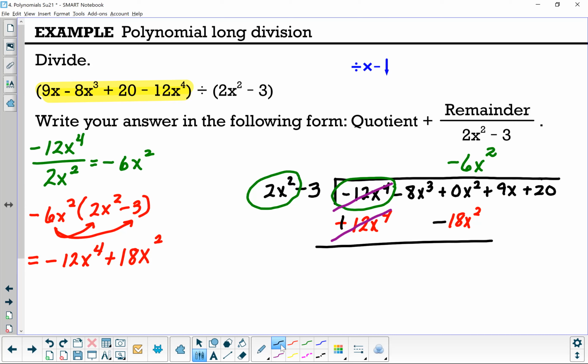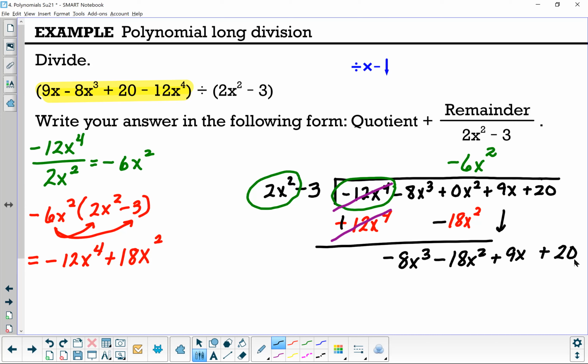All right. Bring down the negative 8x cubed. Okay. 0x squared minus 18x squared is negative 18x squared. And then bring down the 9x and the plus 20.